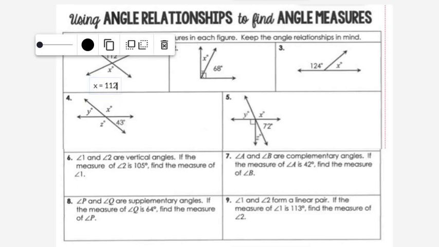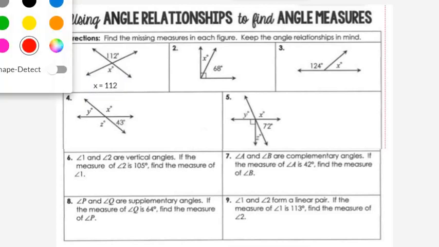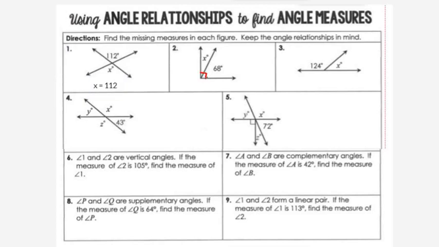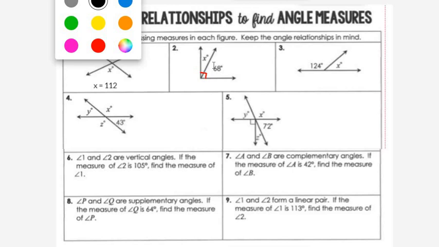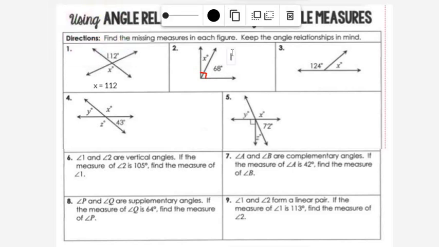Next, now these two angles are complementary because by this sign right here, it shows that this angle is a right angle. So the sum of x and 68 must be 90.